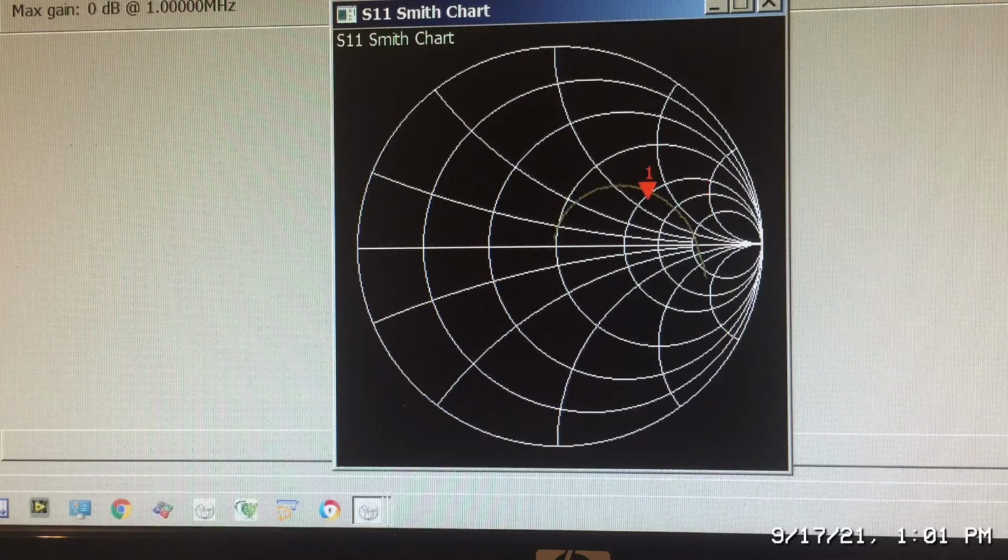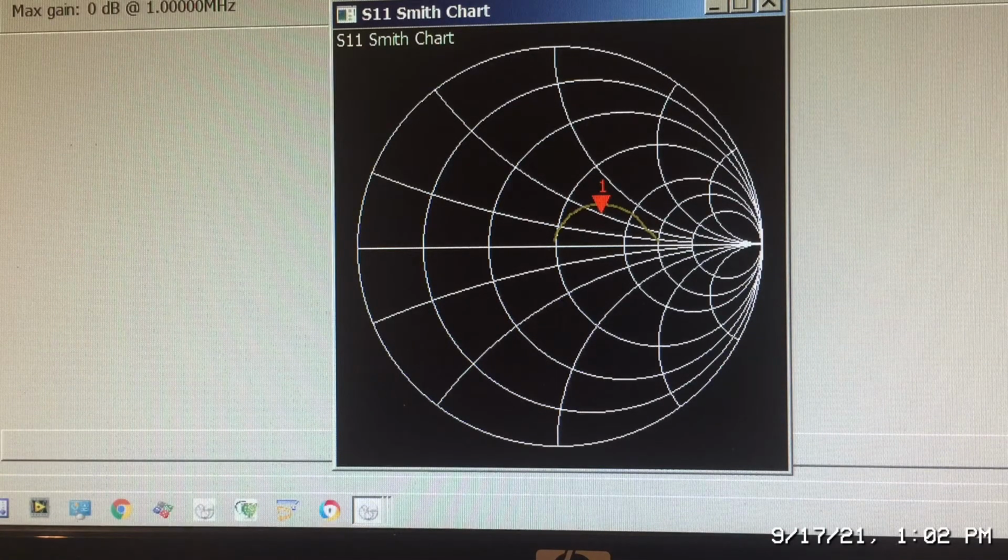You can see more rotation, getting closer to the center. And one more time, we can see it rotate further and get even closer. Now I don't have the full range that I need here to get right to the center of the chart, but you get the idea.